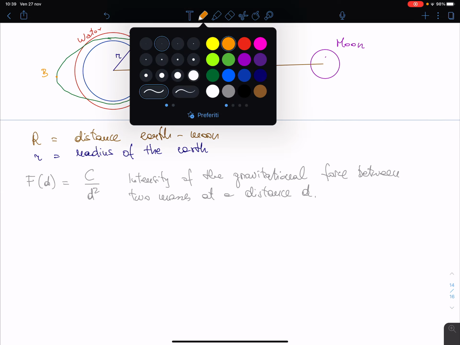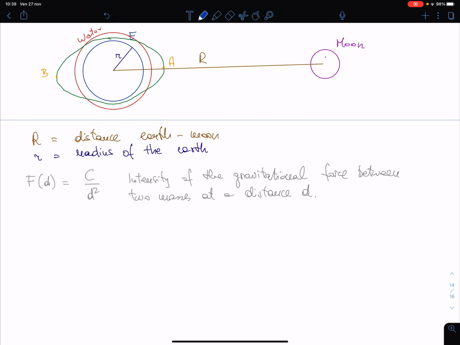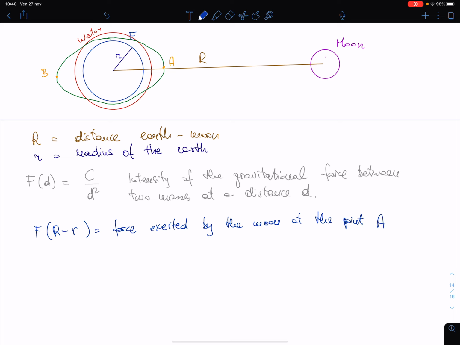Now, first we have F at a distance capital R minus small r, which is the force exerted by the Moon at the point A. Then F of R is equal to the force exerted by the Moon at the point C, the center of the Earth.